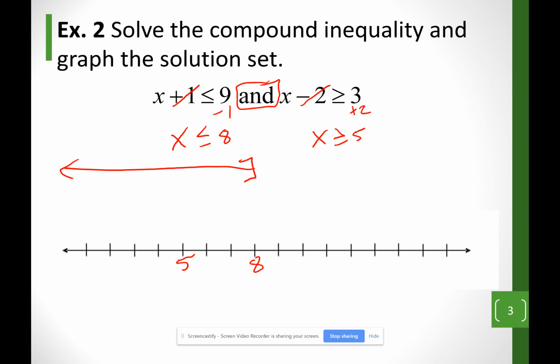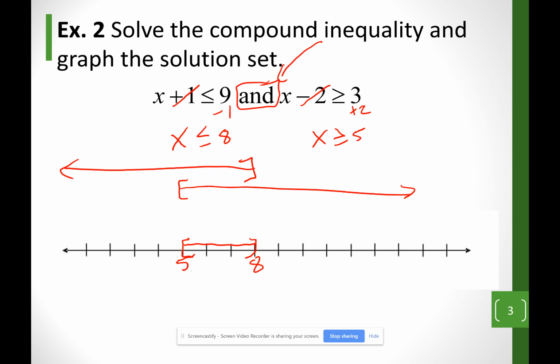Looking at my other inequality, it looks like a bracket at 5 and it goes towards the right. Because I'm using the word and, that's basically intersection, I'm asking which part is in both graphs. We can see it goes from 5 to 8, brackets on both, and everything in between.